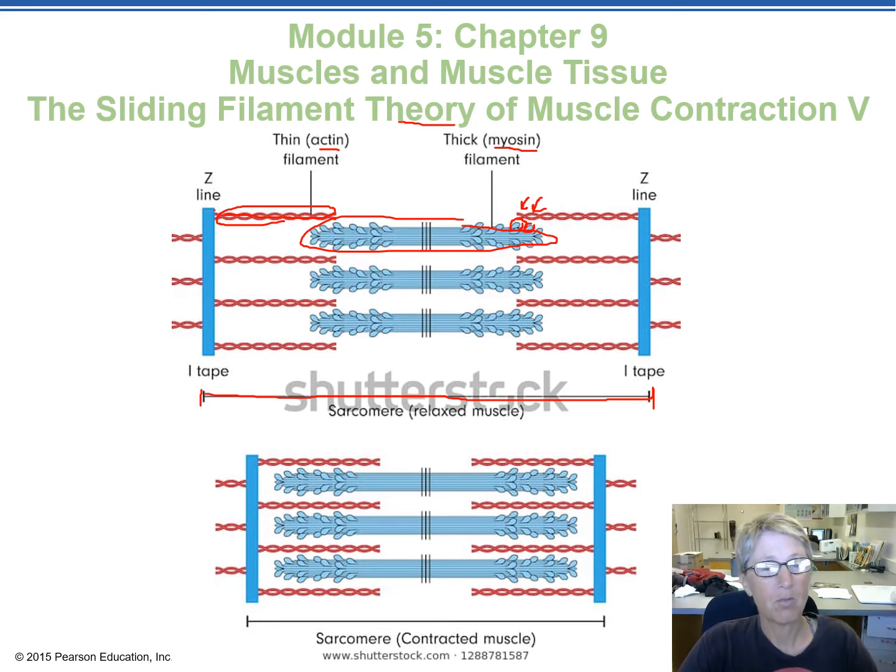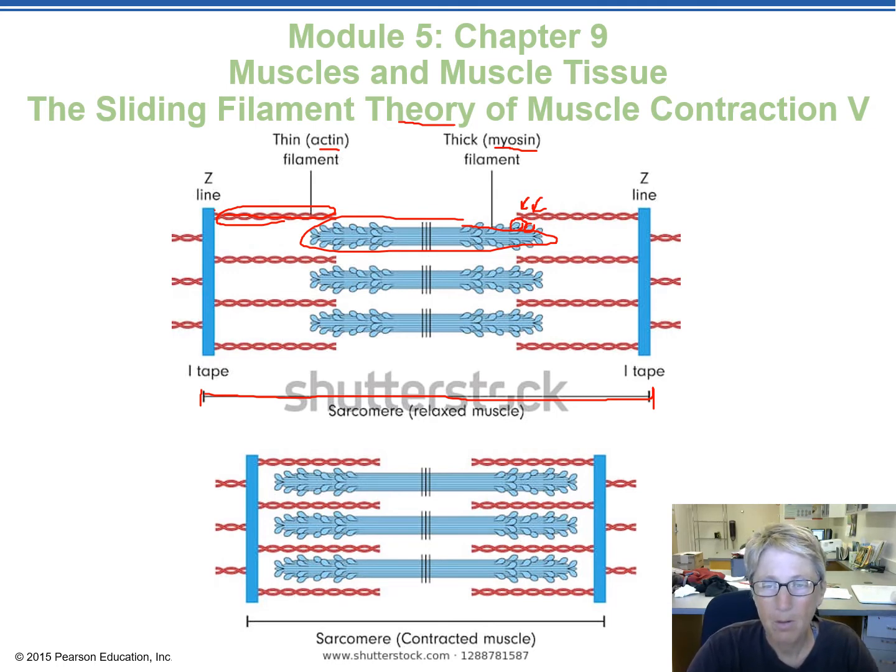If you have thousands of sarcomeres getting shorter along the length of your whole muscle, then the whole muscle is going to get shorter. So these sarcomeres, upon getting a signal to shorten, do so.